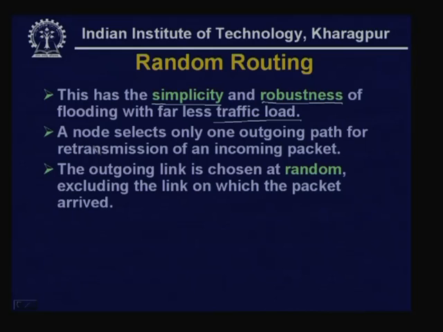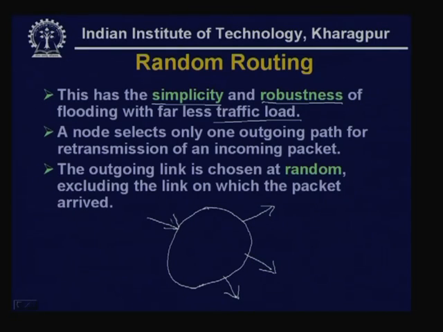What is being done? A node selects only one outgoing path for transmission of an incoming packet. So, let us consider a particular node in a subnet, and suppose this is the link through which a packet has been received, and these are the various outgoing links.